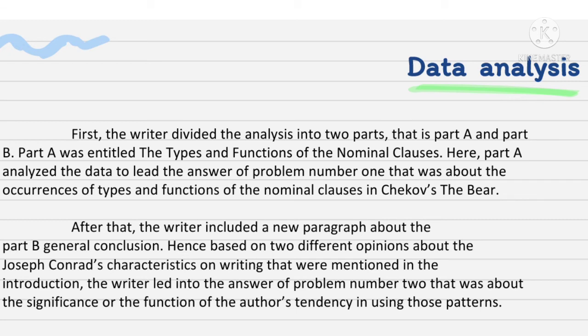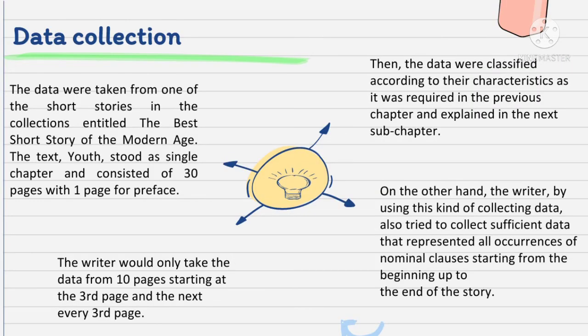After that, the writer included a new paragraph about the Part B general conclusion. Hence, based on two different opinions about the characteristics of writing mentioned in the introduction, the writer led into the answer of problem number 2, about the significance of the function of order tendency in using those patterns.